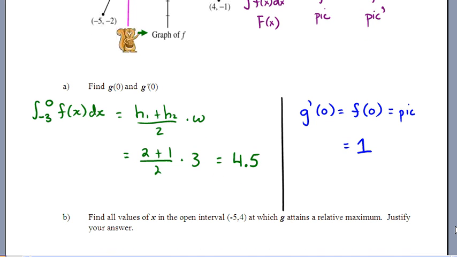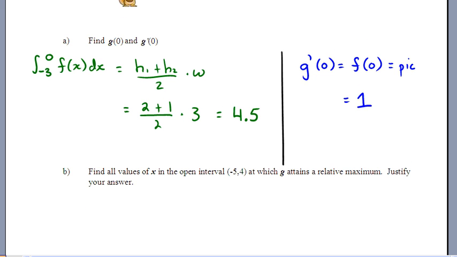Okay, part B. Find all values of x. We don't have to find the y values, which is nice, but find all values of x in the open interval, so we don't have to worry about endpoints, which is nice, where g attains a relative maximum, and then justify your answer.